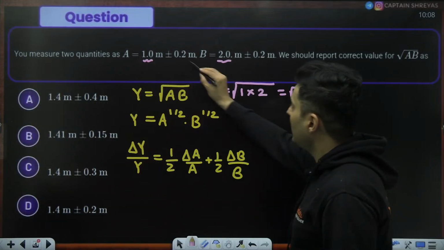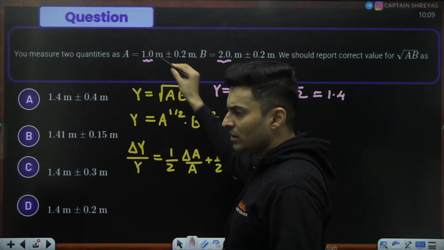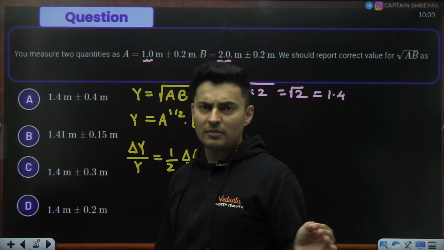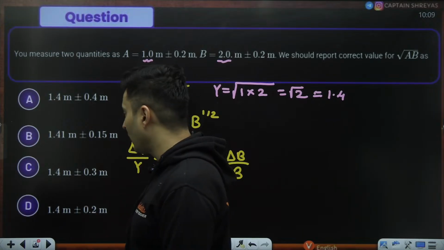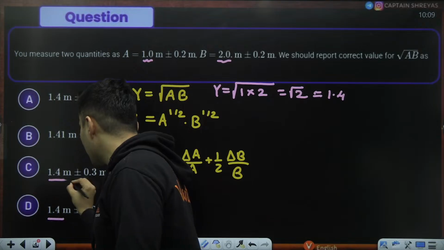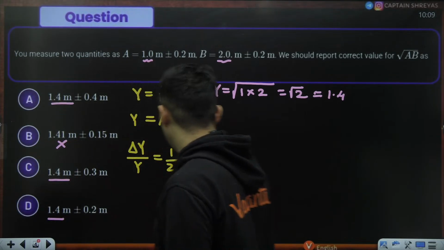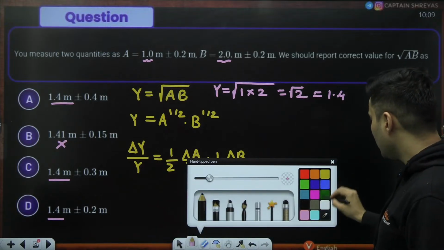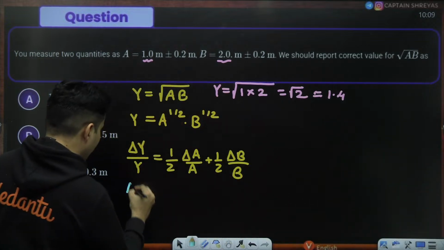And since we are taking all the values till the first decimal, don't go till the second decimal, because yes, root 2 is 1.414. You might be tempted to write this because it seems to be more accurate, but that is logically not correct. So only go till the first decimal, so only one of these options will be correct. This option is out. Okay, it's eliminated now.